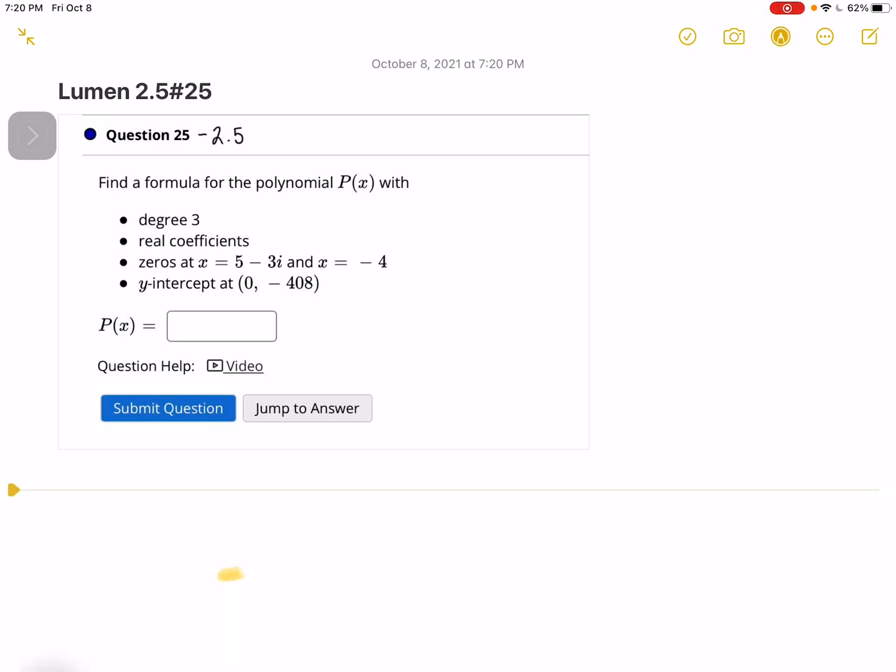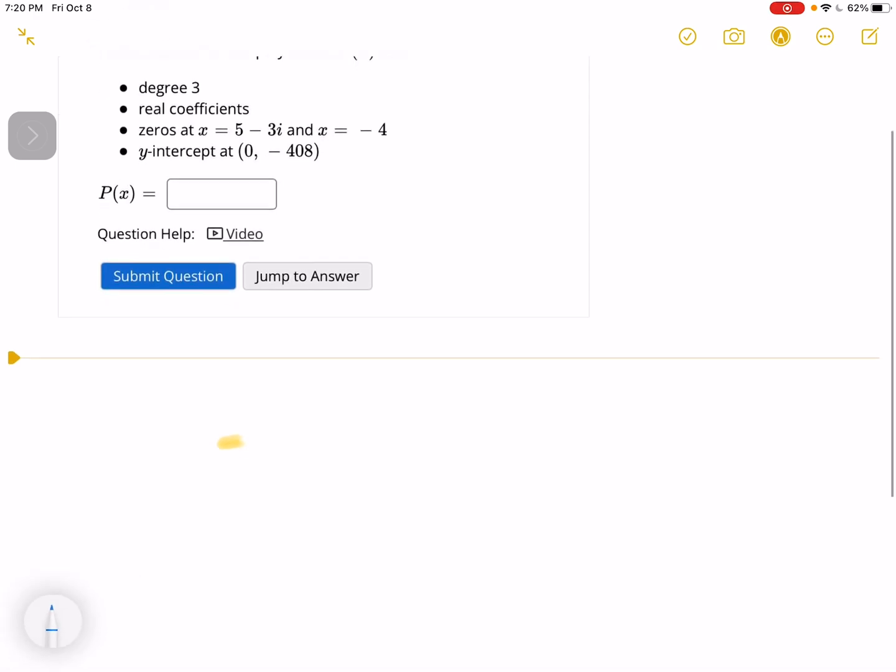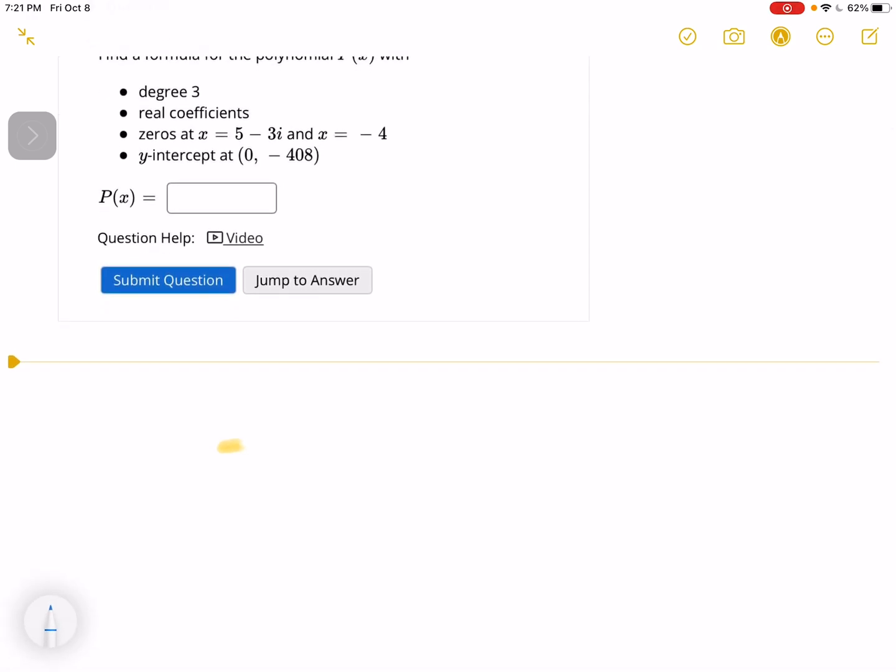If we have a zero at x equals 5 minus 3i, we know that the conjugate must be there if the coefficients are real. So x equals 5 plus 3i must be a zero as well. And then we have our x equals negative 4.